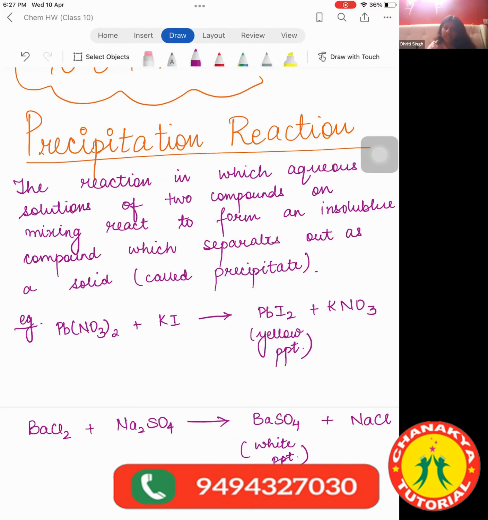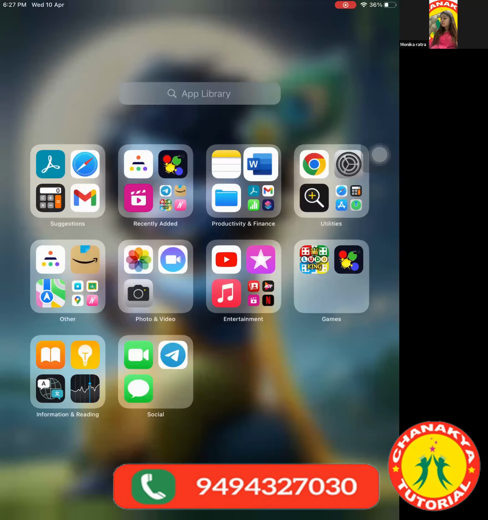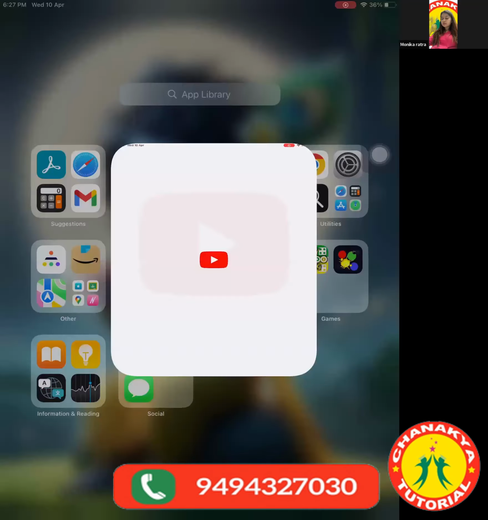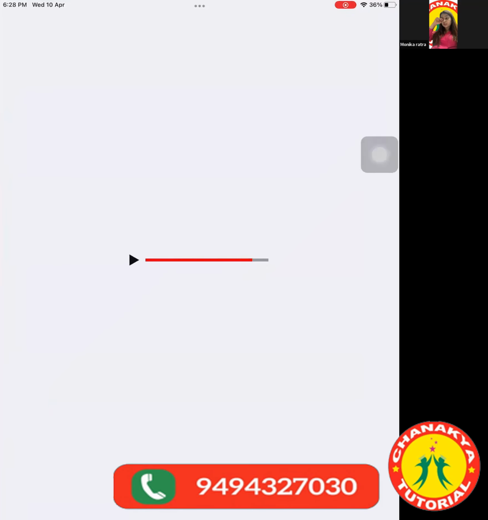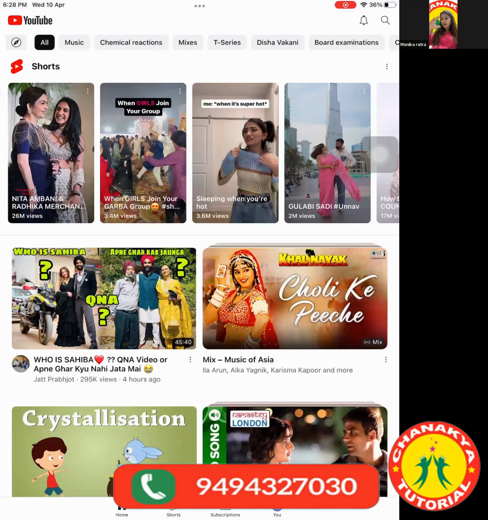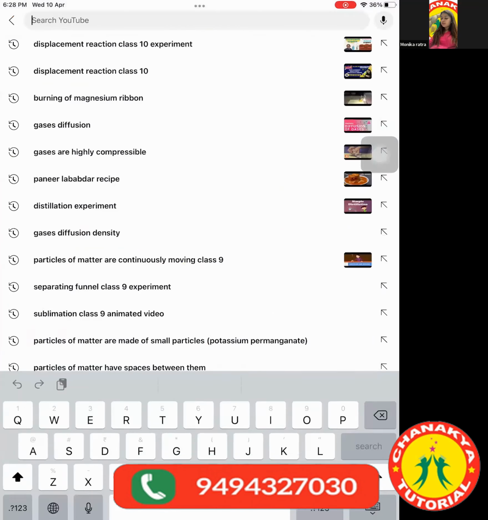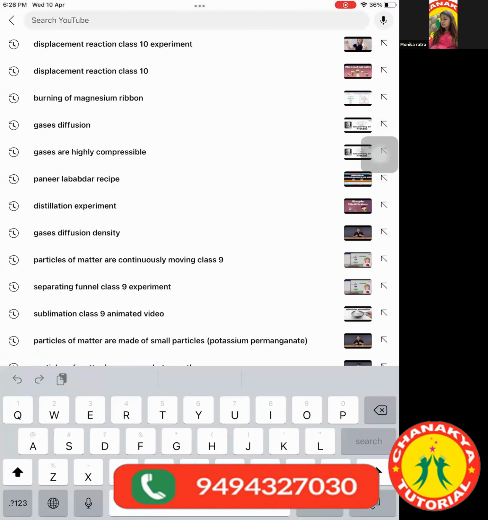Double displacement. Yes, this is again a double displacement reaction. I'll show you this reaction, the formation of KI. Fine, and the other one also I'll show you, because the other one is a part of your syllabus, and in the first one the precipitate is very much visible.